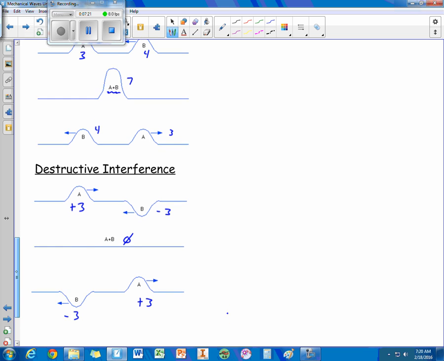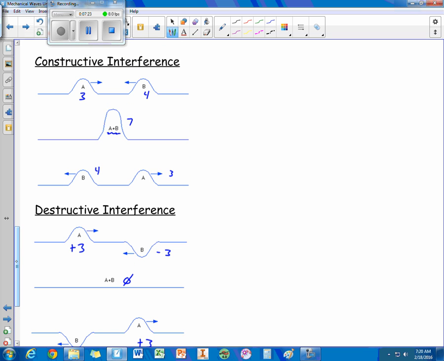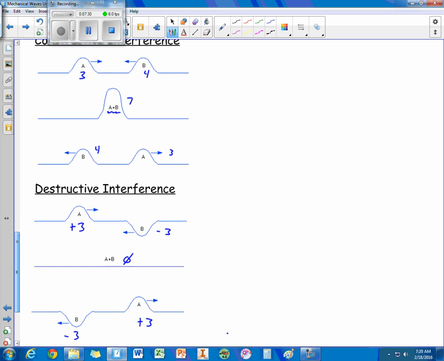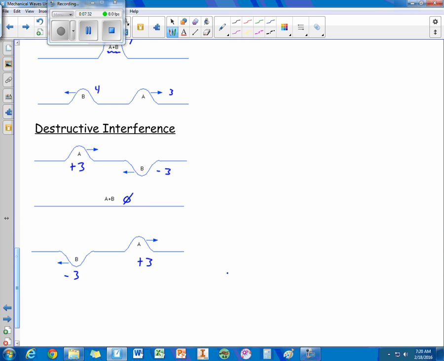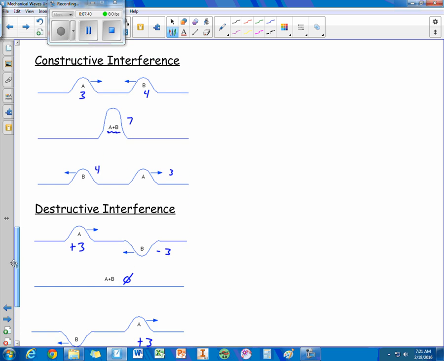In terms of light, constructive interference means that two light pulses become brighter. Or if they destructively interfere, they can become dimmer. So again, think about it this way. Light plus light equals darkness. And that's a really, really cool thing to think about.